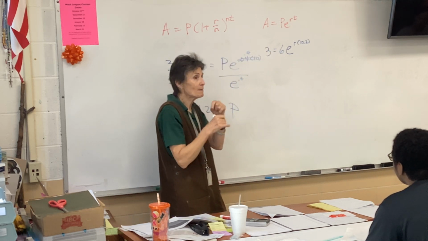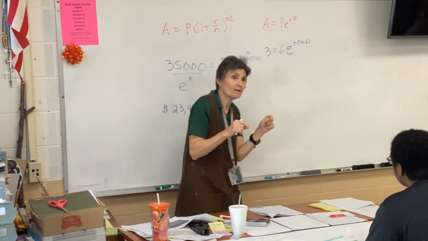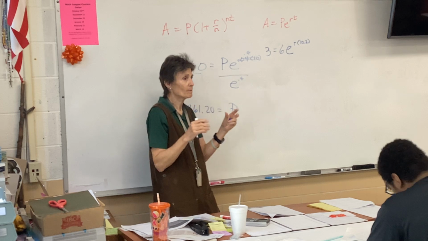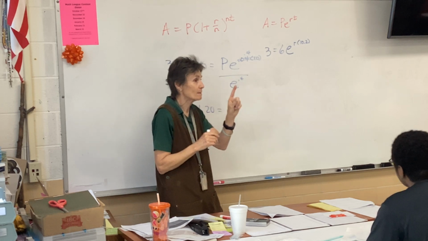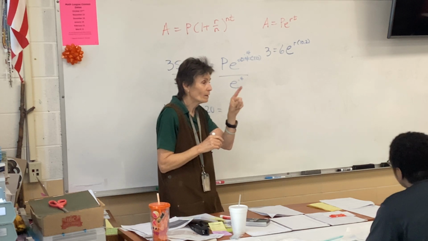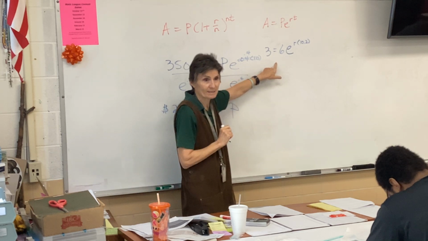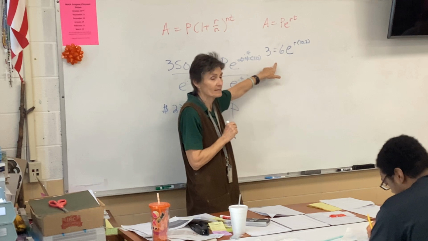Now, if this is the first time you've ever done this, you're thinking, whoa, can you just make up a number? And the answer is absolutely, because what is the first step to solving that? Divide by 6.